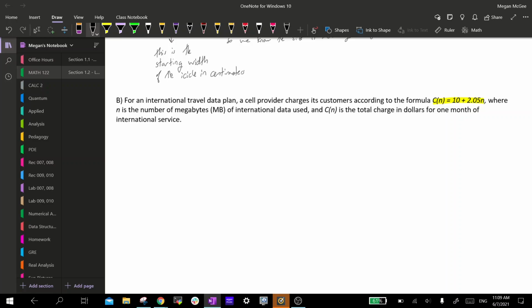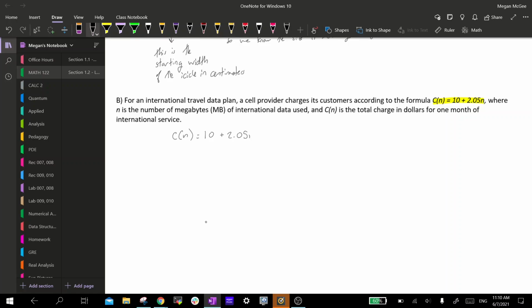So again, we need to find and interpret both the slope and the intercept. I always like to rewrite equations just so they're right in front of me. And sometimes when it's in my own handwriting, it makes more sense in my brain. It might be a neat thing for you to try.